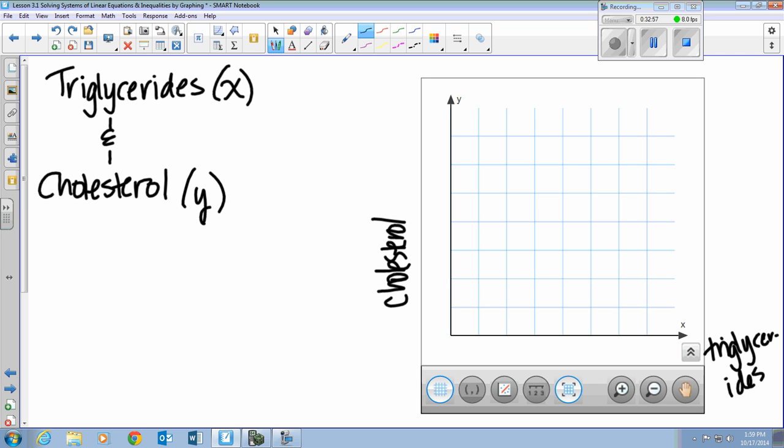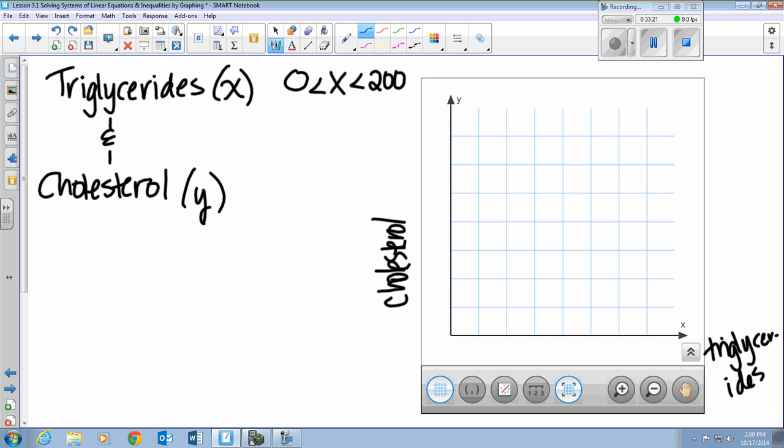So for my levels, I want to write 4 inequalities. So the very first one is pretty easy. What does X have to be? Less than what? So X has to be less than 200, and it has to be greater than 0. So I actually can graph those separately.